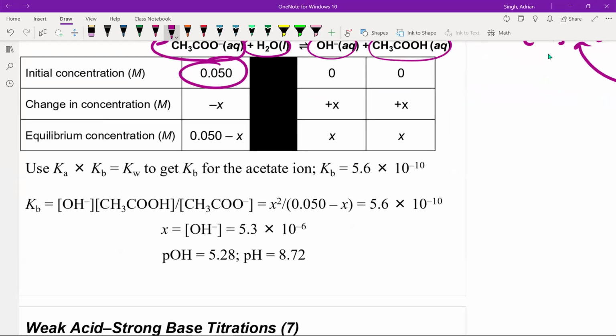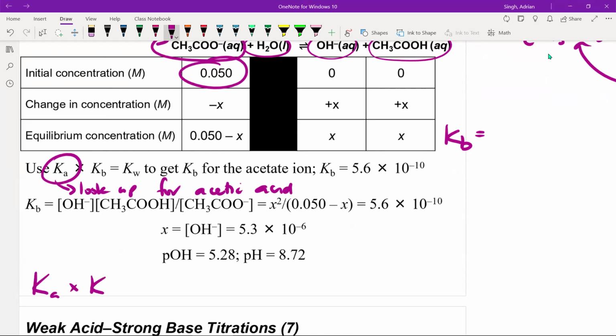We can then write our expression for this. Now, this is acting as a base. So this would be our Kb expression. We can look up the Ka for acetic acid. We can use the relationship where Ka times Kb is equal to Kw.